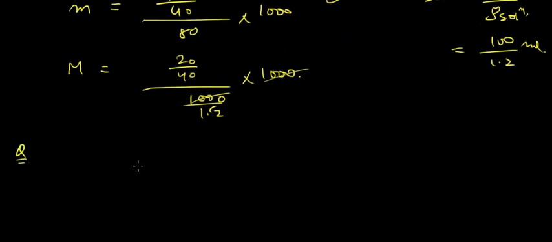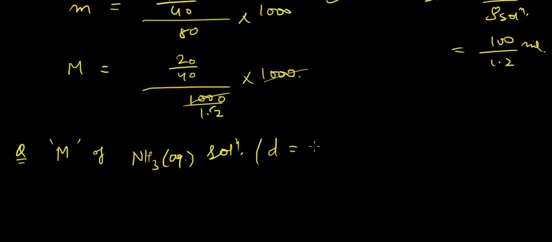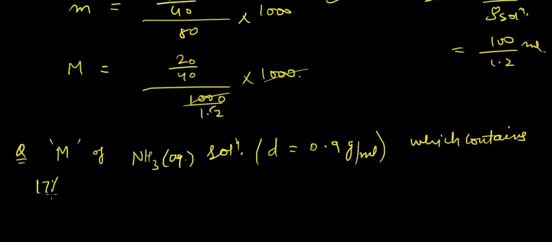Let's do another question, which is, what is the molarity, capital M, of NH3 aqueous solution having density of 0.9 gram per ml, which contains 17% NH3 by weight.